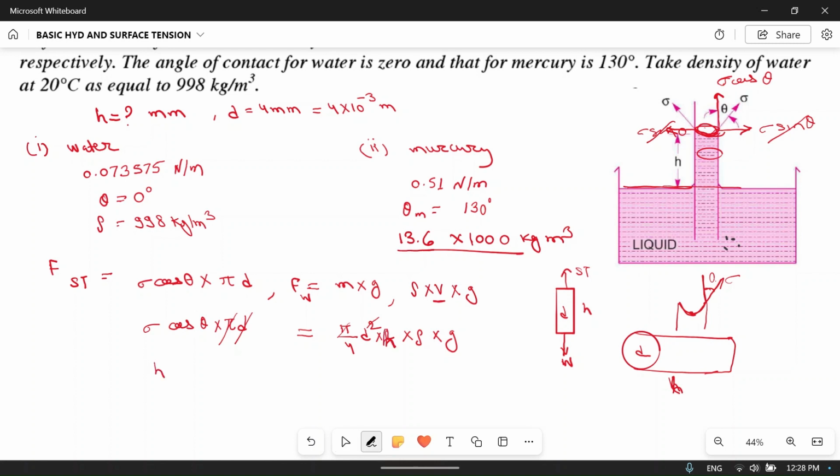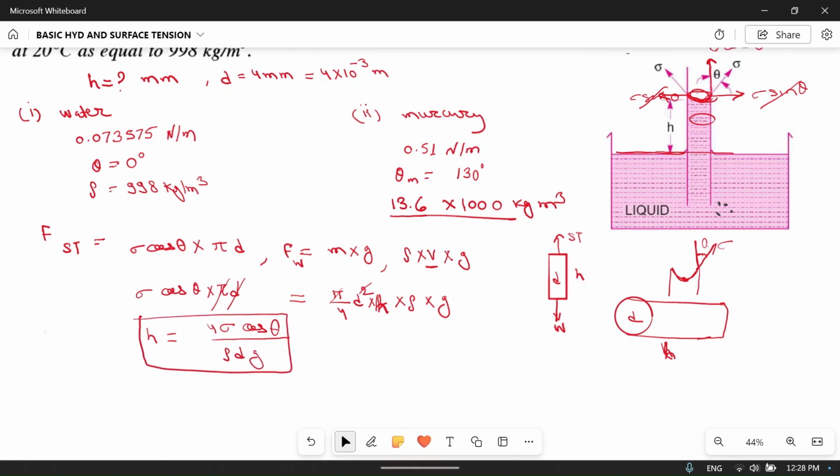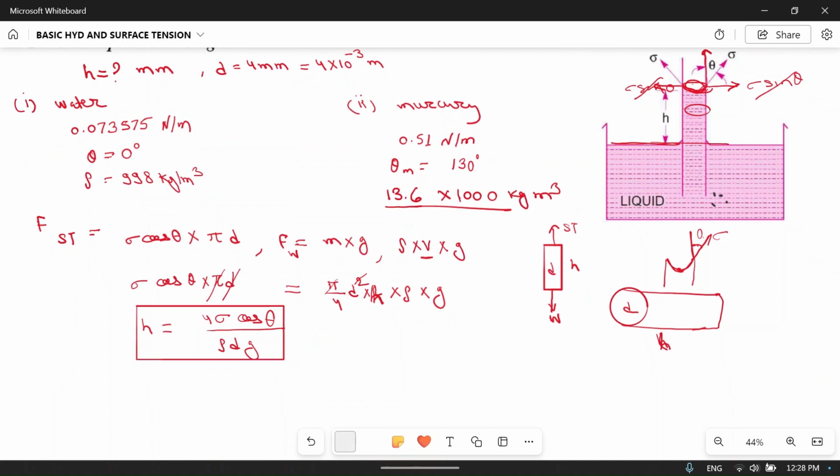So H is equal to, this 4 will come to this side, 4 sigma cos theta divided by rho d g. So this is the formula for rise in the liquid level inside this tube.